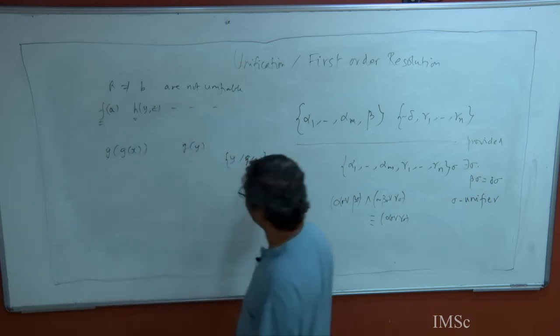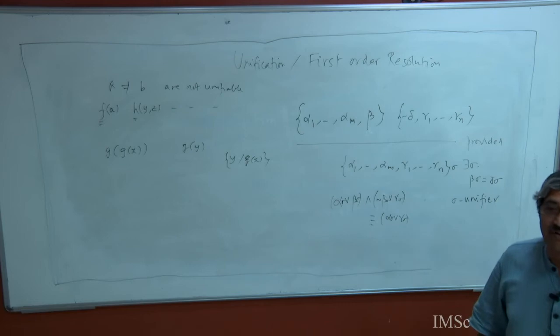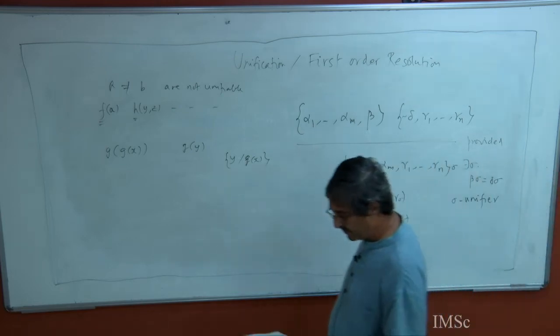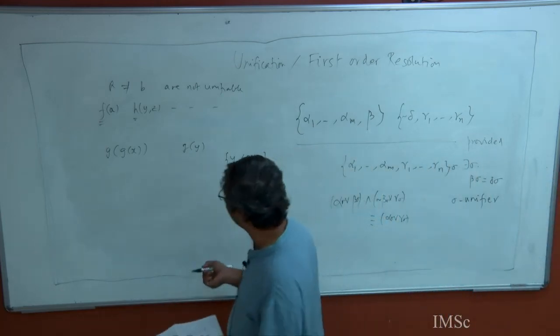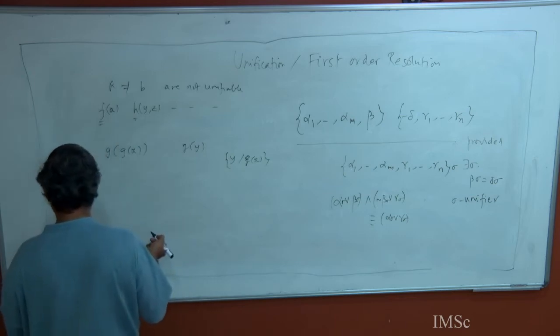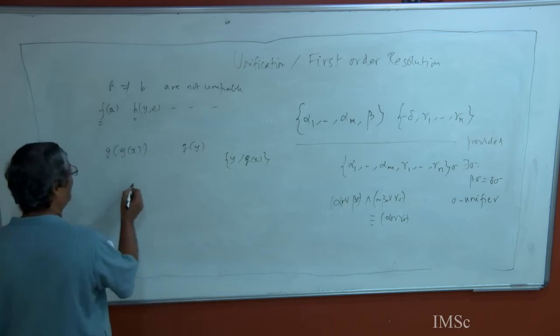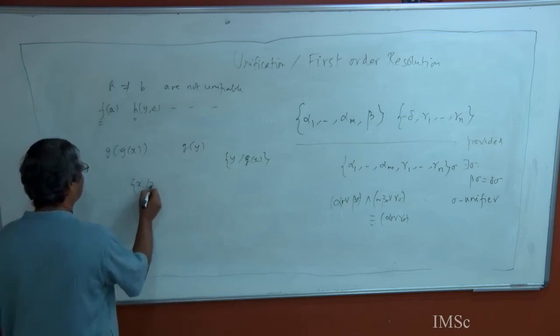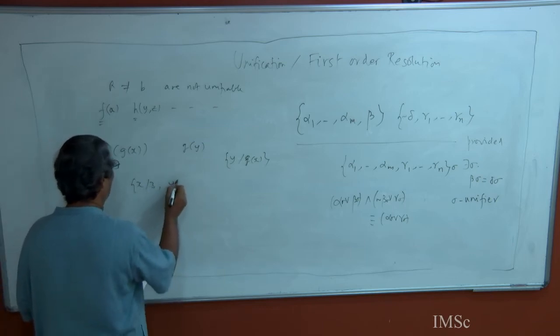We use this ordered pair notation for substitution maps, and this is clearly a unifier, but there are a lot of other unifiers. The example that I took was x substituted by 3 and y by g of 3.